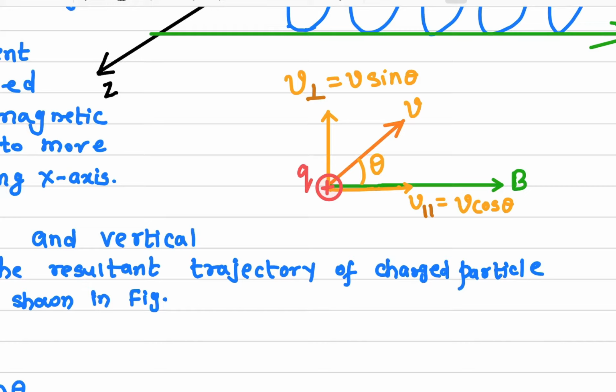Now we have two velocity components, the perpendicular and the parallel. Remember, the magnetic force will be zero if the velocity and the magnetic field are in the same direction. So due to the parallel component, there will be no magnetic force on the charged particle, and there is magnetic force due to the perpendicular component.